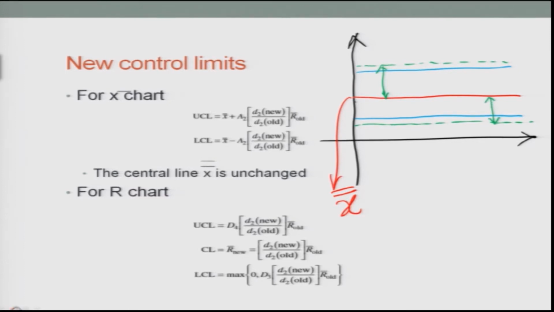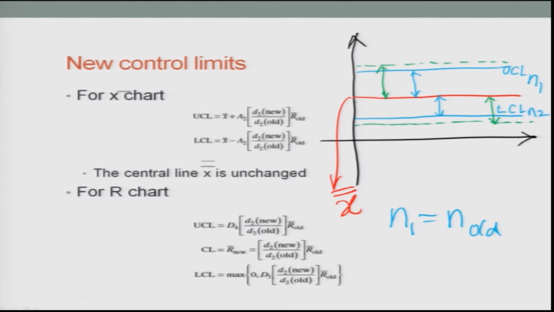This would be the upper control for the old sample, and this is the lower control for the new sample. So, this would be the upper control limit for N1, I mean N old, just a nomenclature, do not be confused too much about this. This is the lower control limit N2.